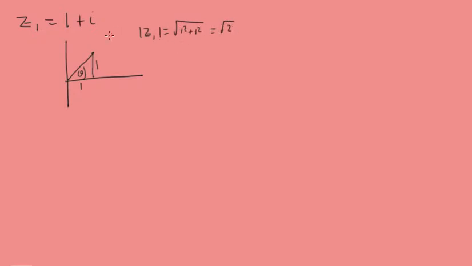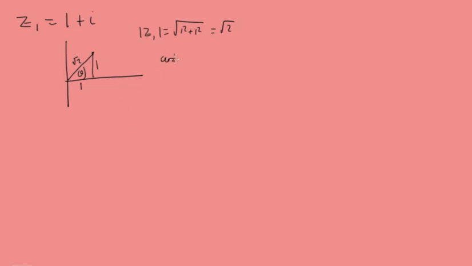So let's do some examples. So we have z1 equals 1 plus i, and we want to write it in the modulus argument form and the exponential form. So first thing to do is let's just draw our little Argand diagram. It's a nice easy one. It's just going to be up here, this will be theta, this is 1, this is 1. So the modulus of z1 is just going to be 1 squared plus 1 squared, which is root 2. So r is going to be root 2.